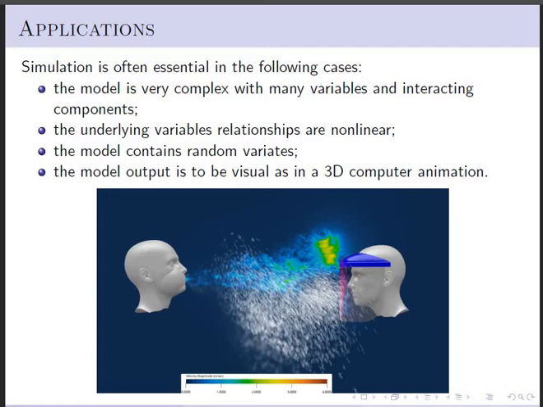For example, this image shows the simulation of aerosol dispersion during a sneeze. This could be used to study the extent of dispersion of infectious disease from one person to another.